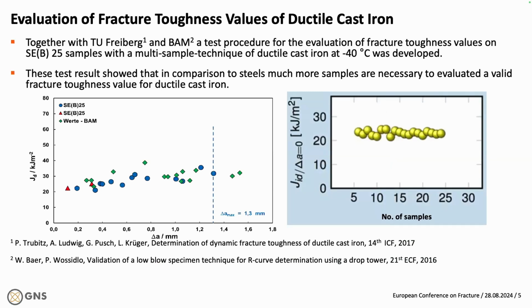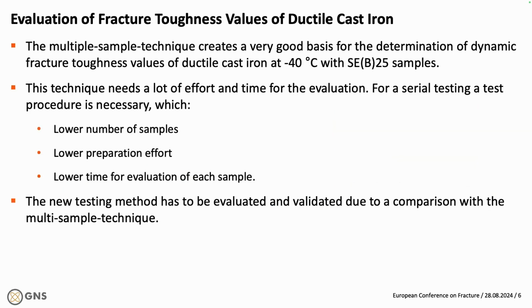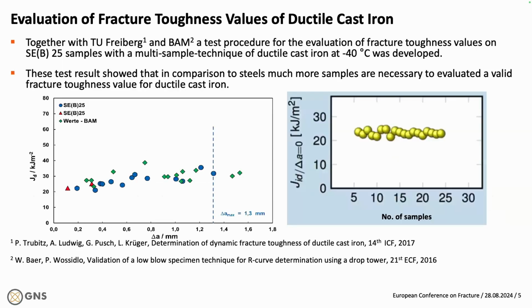We did it together with the Technical University in Freiberg, and especially the colleagues from BAM, the Federal Institute for Material Testing in Germany. They published also different results of this. You can find some examples at the bottom.